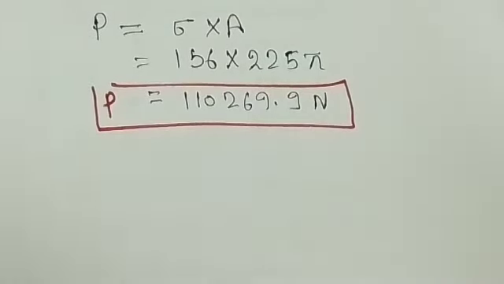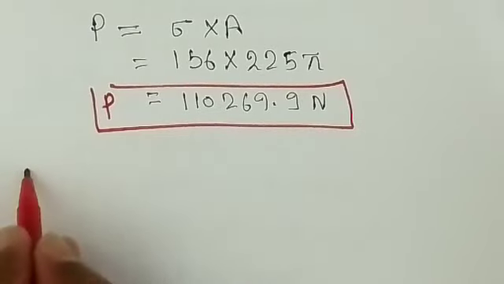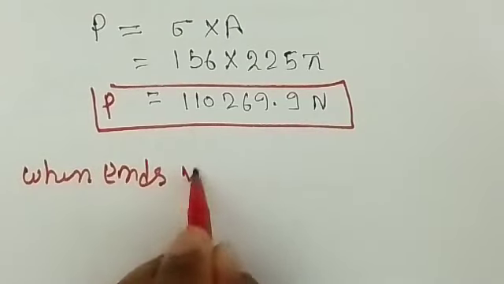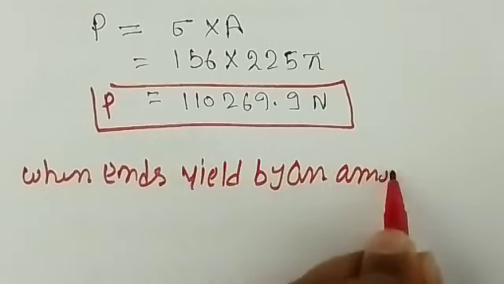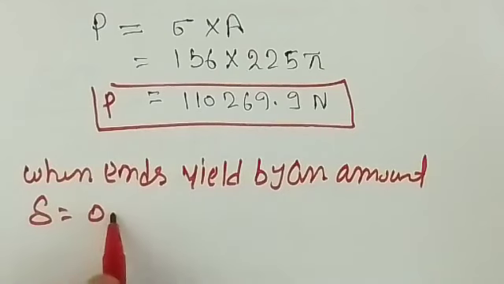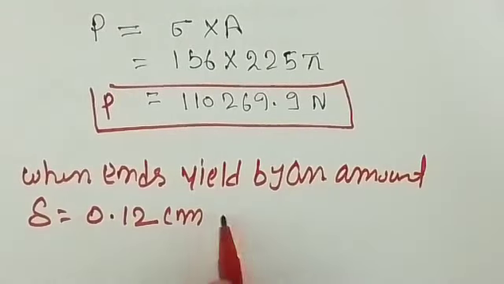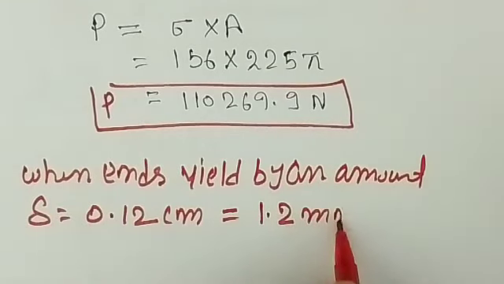So in the second case, when the ends yield by an amount delta equal to 0.12 centimeter, that means 1.2 mm. Now you have to calculate the stress.